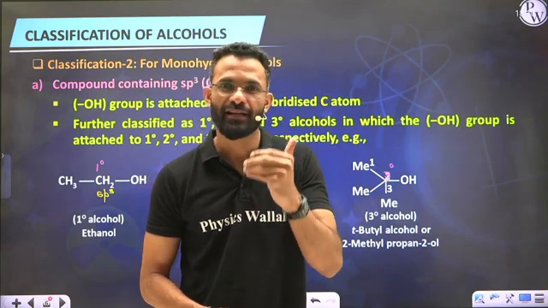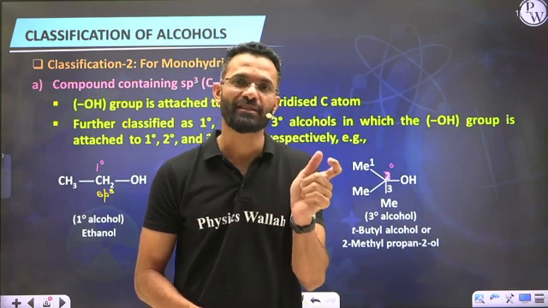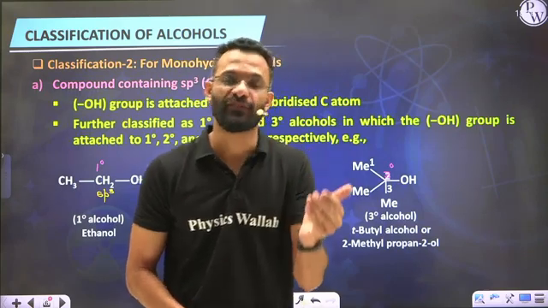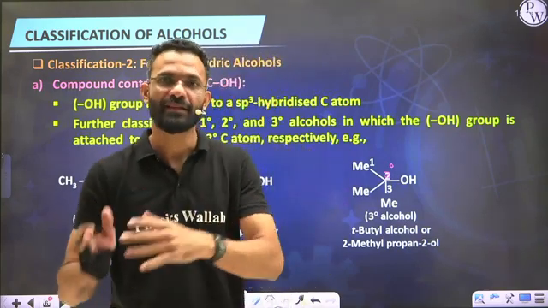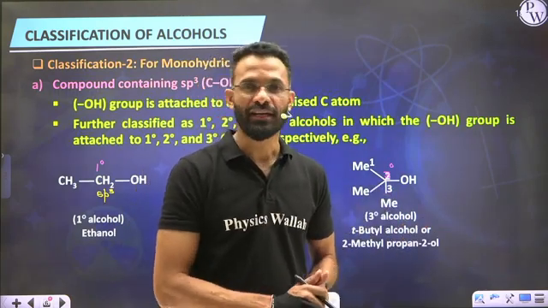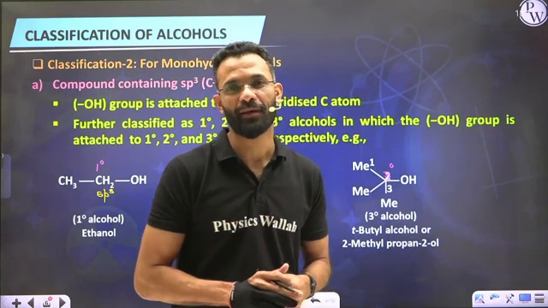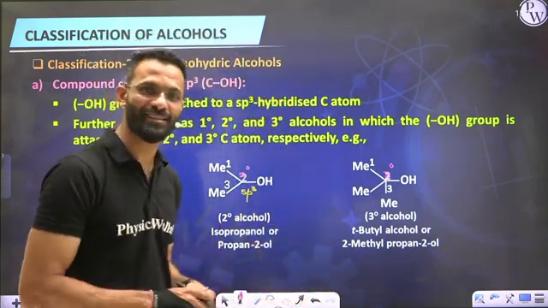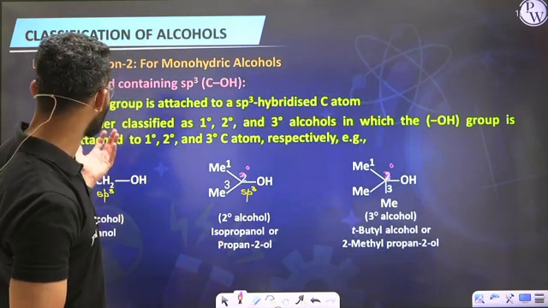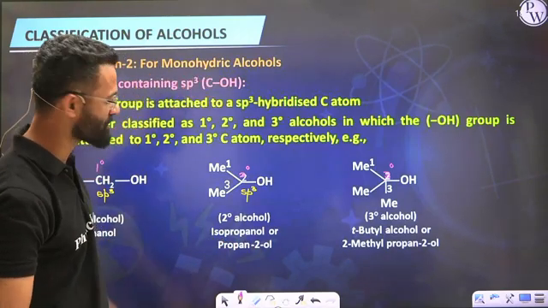But further, depending upon the degree of the carbon atom to which OH is connected, we classify them as primary, secondary and tertiary alcohol. So the degree of alcohol is decided on the basis of the degree of the carbon atom to which that functional group OH is connected. So that is the first type of alcohols, containing Csp3-OH.